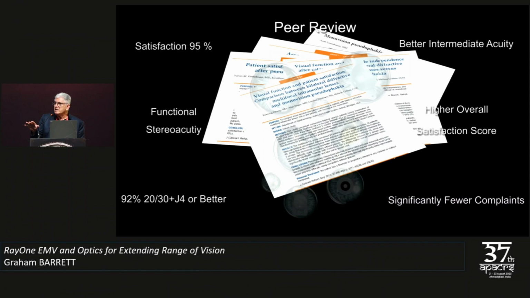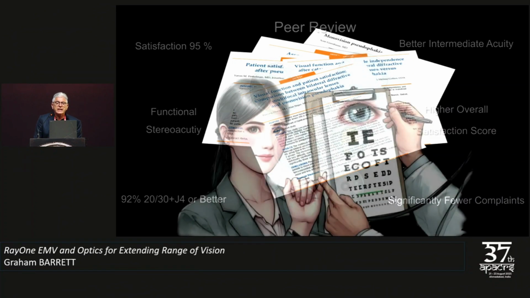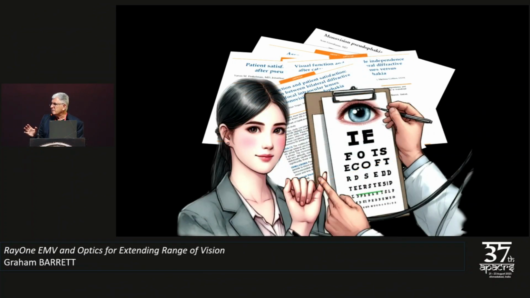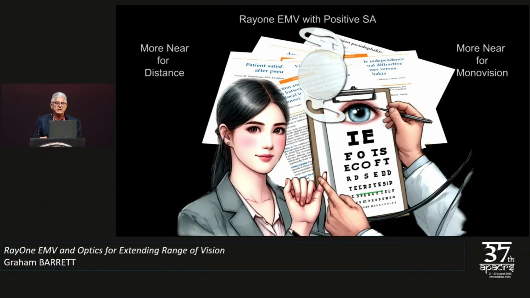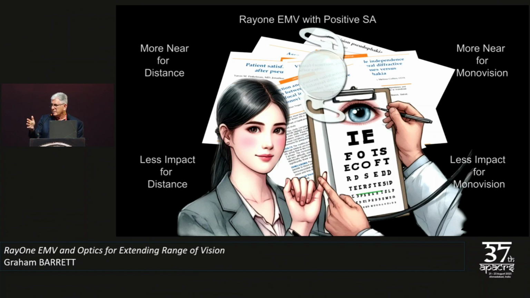But what does the EMV add to the use of modest monovision? I think it is fulfilling the promise that the patient expects of getting spectacle independence. If you target emmetropia, you get more near and intermediate. But also, if you use some degree of myopia in one eye, there's less adverse impact on the distance vision in that myopic eye.